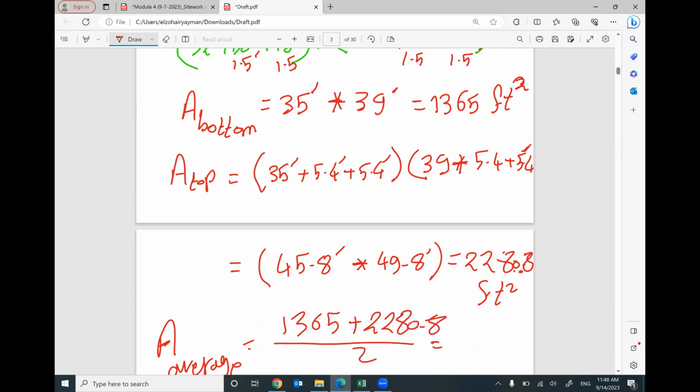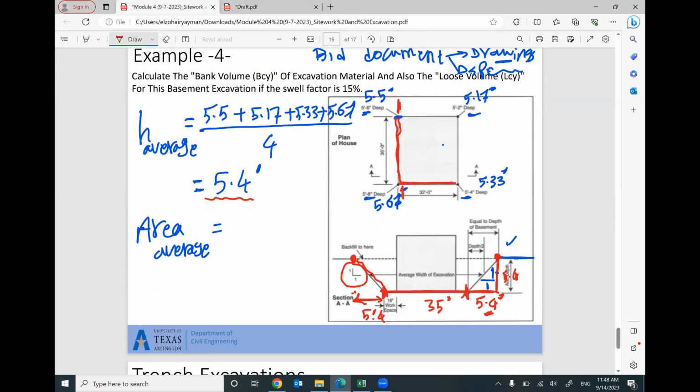So the average area will be 1,822.9. Go back here. Your average area is 1,822.9. So your volume that needs to be excavated will be this average height times this average area, which will give you the total volume in cubic feet.